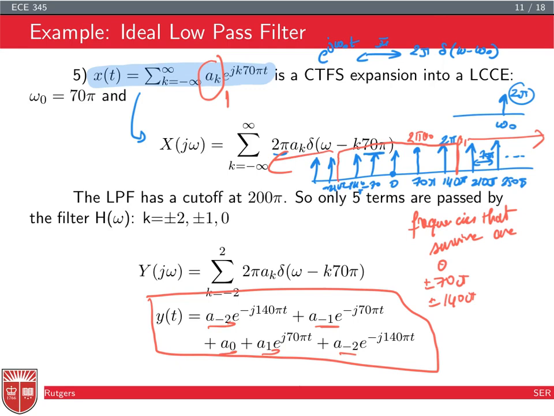I think the main takeaway here is how convolution works, especially in terms of filtering, in terms of the low pass filter that only lets frequencies in a certain interval go through. And now in the next few slides, I'm going to talk about other kinds of filters.